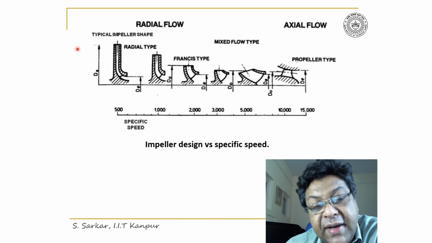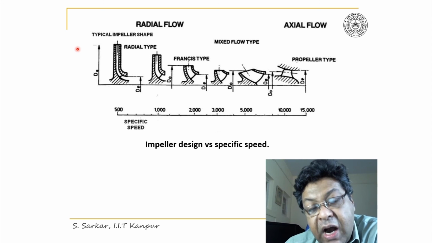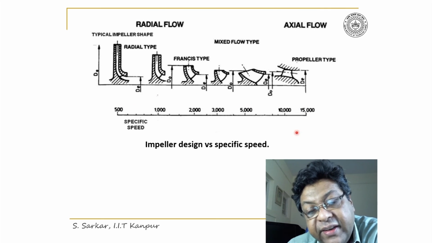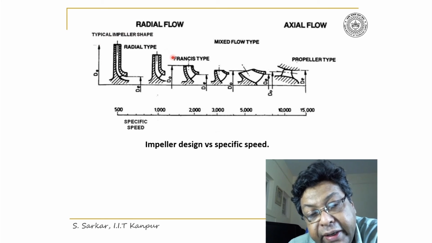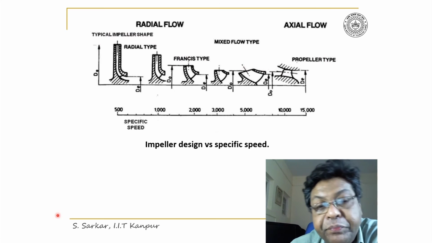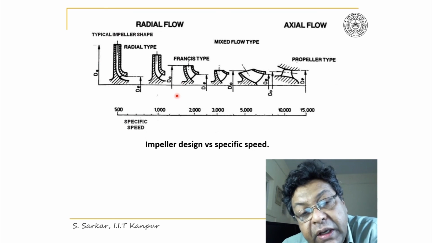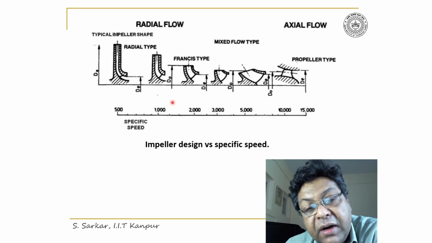By a schematic, I have shown here how the impeller design changes with specific speed. Look, as specific speed changes, the impeller design changes from radial, to mixed flow, and then axial flow impeller. So in this region of lower specific speed, you will get a radial flow impeller.